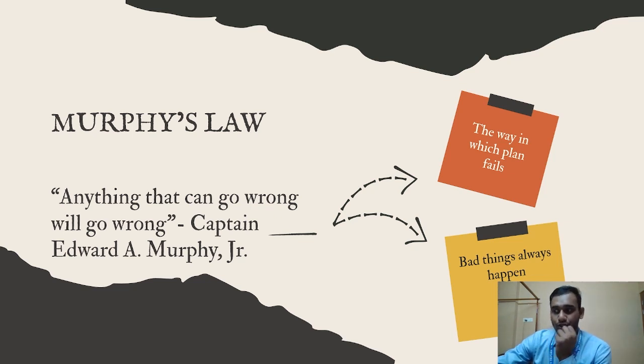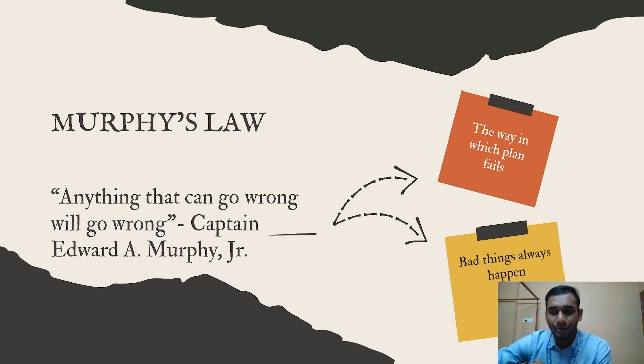We know the job of pilots is very tough, they have to go through various war situations in which they have to formulate different plans, and not always a single plan works. So he said that in the context of that, the way in which plans fail and bad things always happen. The bad things which were supposed to happen will happen no matter what, nothing can stop it. So that is Murphy's law.